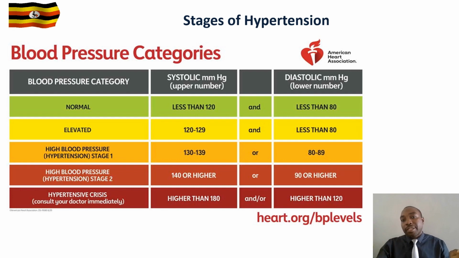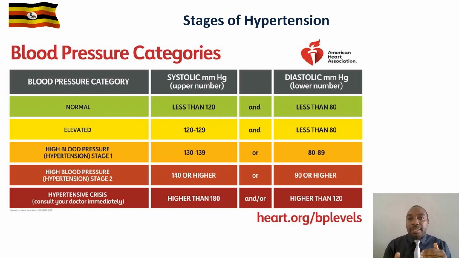And then when you start going above 120/80, we say it's elevated when it's 120 to 129 systolic, but it's still less than 80 diastolic. Then if it goes higher, from 130 to 139 systolic, and diastolic 80 to 89, that's stage 1, which we would refer to as hypertension.